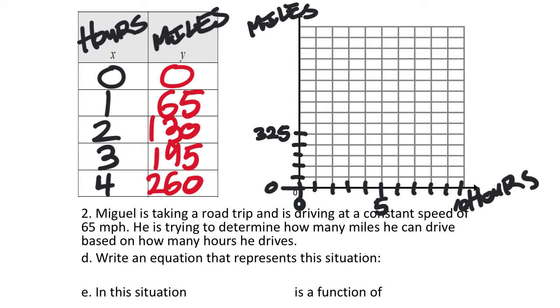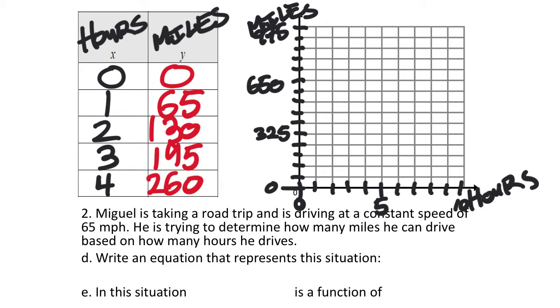I think I did that right. And then another 1, 2, 3, 4, 5. There's 10. So that'd be 650 there. 1, 2, 3, 4, 5. Be another 325. So that's 975 at the top.